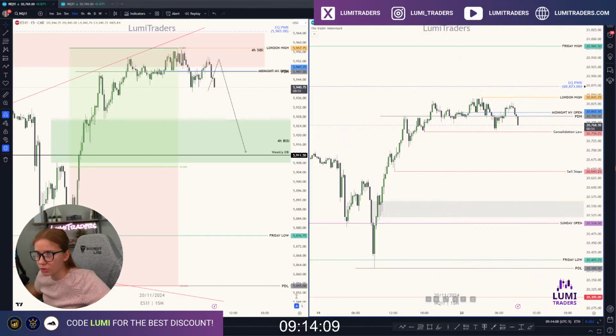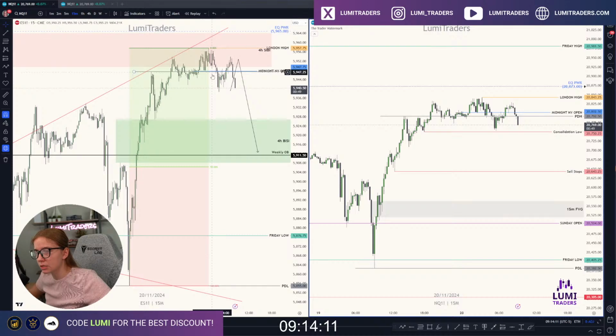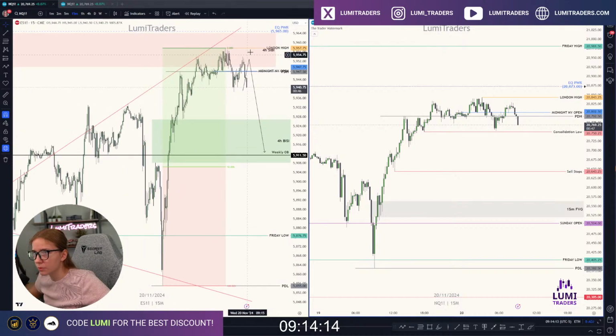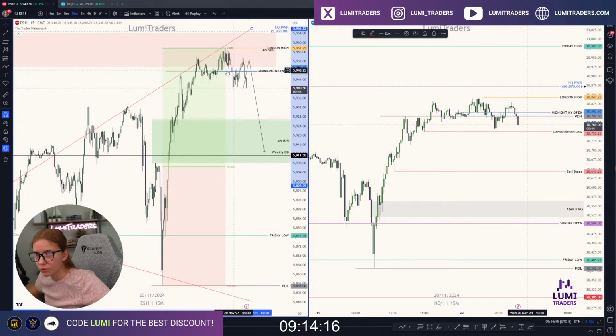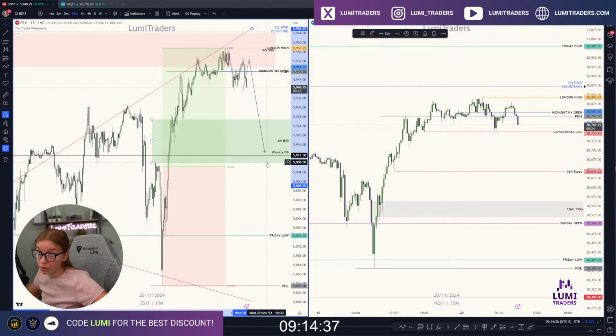Why I would like to see lower is because it makes sense on ES, since we already tapped this level yesterday, actually today during the Longtail zone. It's trying to respect this level, so where I would like to see us drop is 50% of this expansion up. That 50% once again lines up with the test of the top of the weekly order block, or the fair value gap. So kind of like it on ES.